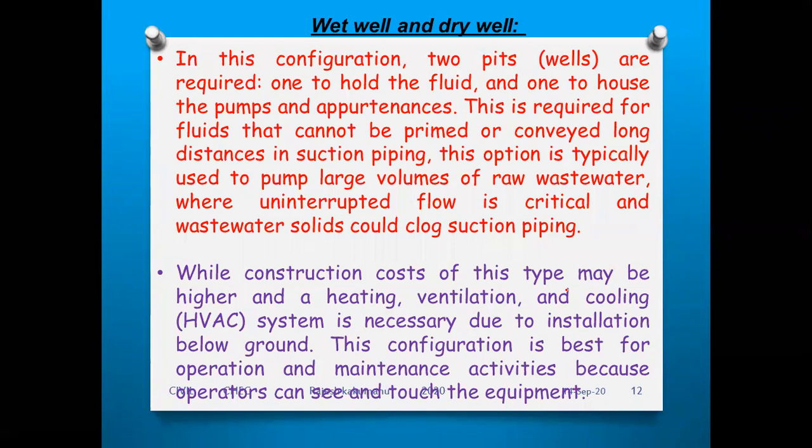So the dry well is where we store the pumps and apparatus. The one which holds the fluid we call the wet well. Understood? This is required for fluids that cannot be primed or conveyed long distances in suction piping. This option is typically used to pump large volumes of raw wastewater where uninterrupted flow is critical and wastewater solids could clog the suction piping, right? So this type of dry pit is required where the fluids cannot be primed, or conveyed long distances in suction piping.